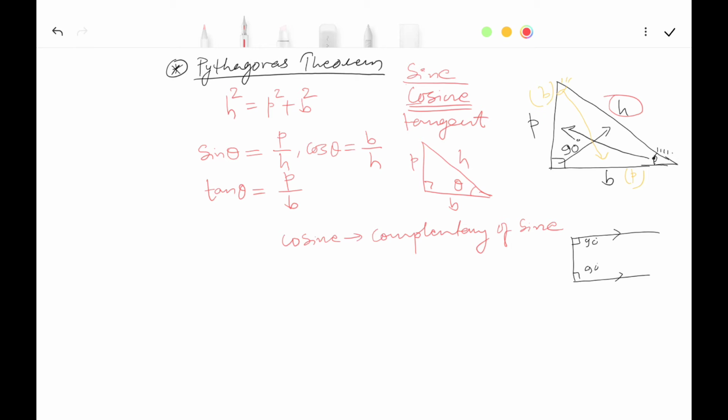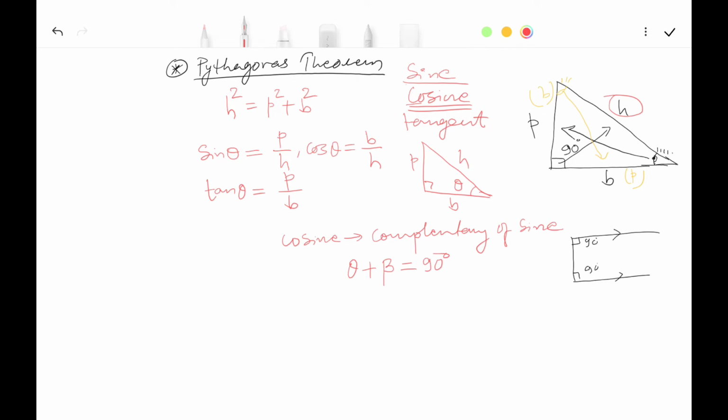Complementary angles are the angles whose sum is equal to 90 degree. Now what happens in case of sine and cosine is, whatever the angle is, if you take its complement angle, then the trigonometric ratio of sine of one angle and cosine of another complementary angle will be equal.